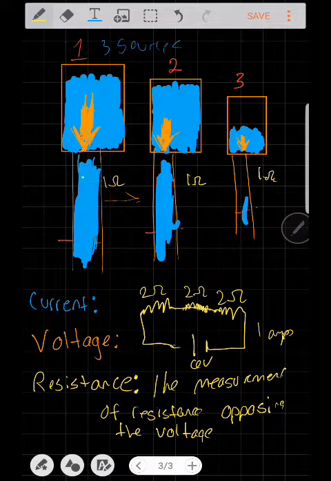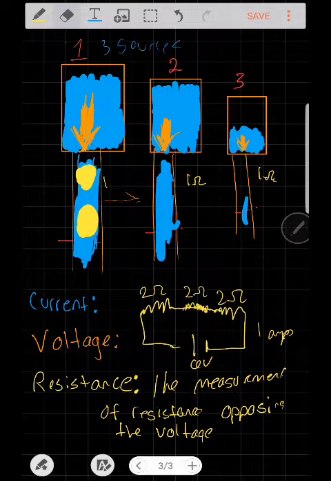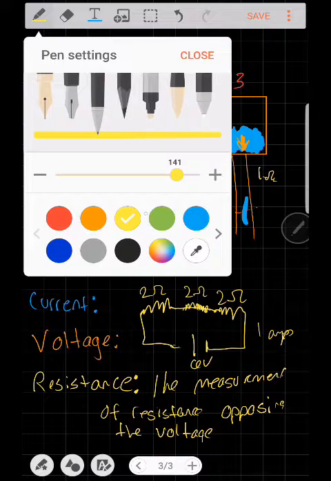I got a big resistor here. Now it's a bigger resistor. So now I don't have 1, I have 2. Do you think those resistors are going to slow down the current? I think they will. They're going to slow it down. So that's going to be a greater resistance.